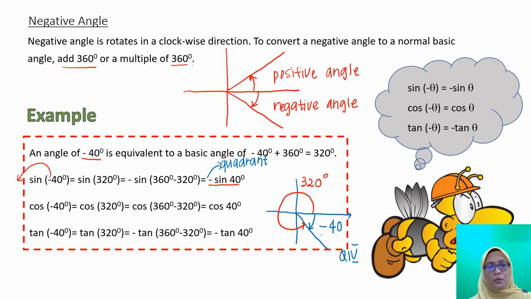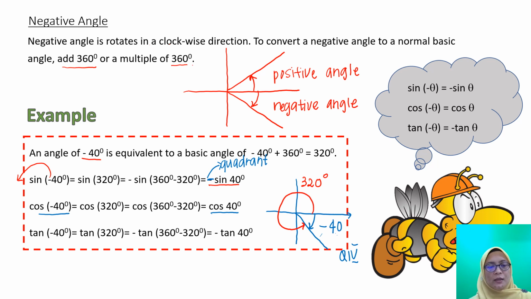So bila benda tu adalah sin, dia adalah negatif sebab dia bukan berada pada tempat dia. So kalau cos negative 40, sini ada positif cos 40 sebab fourth quadrant cos memang positif.